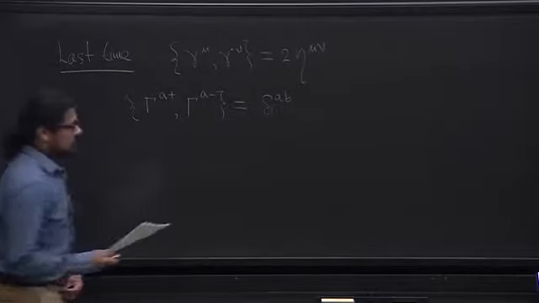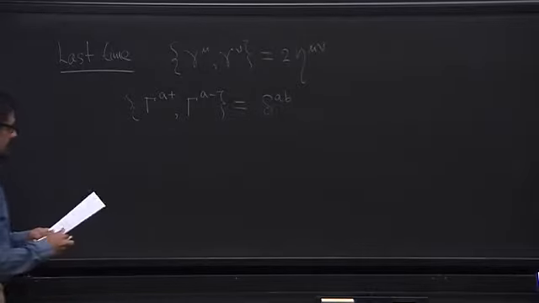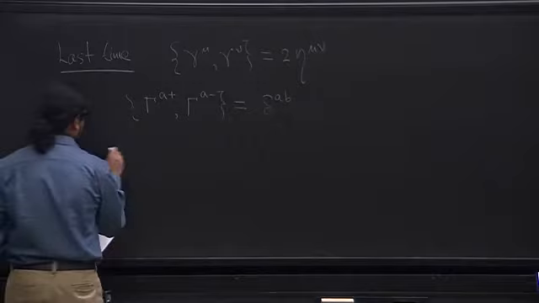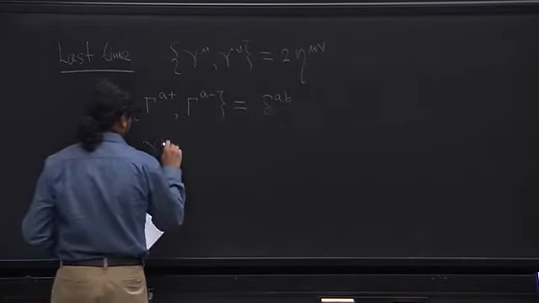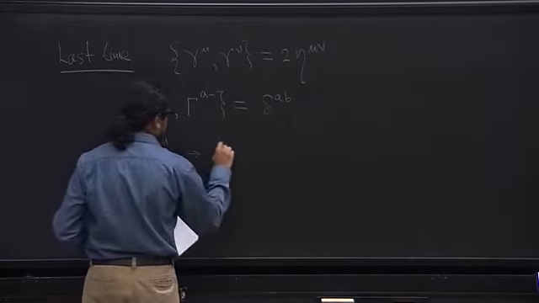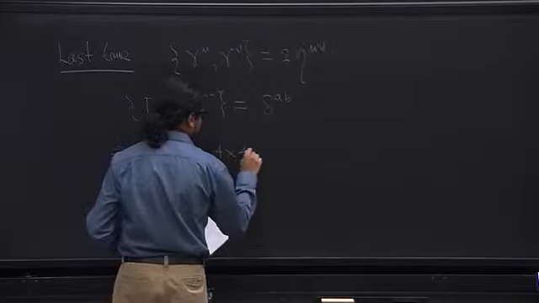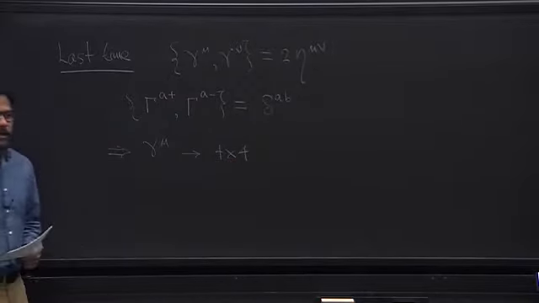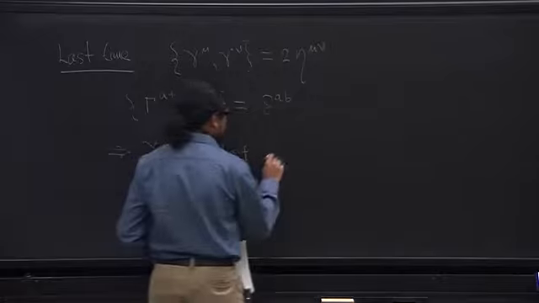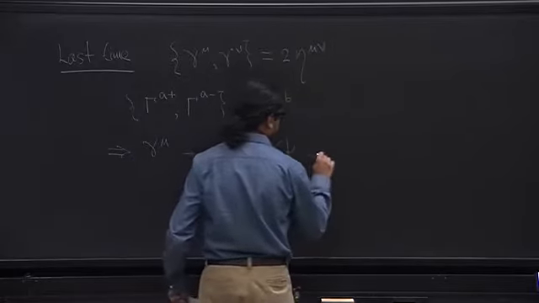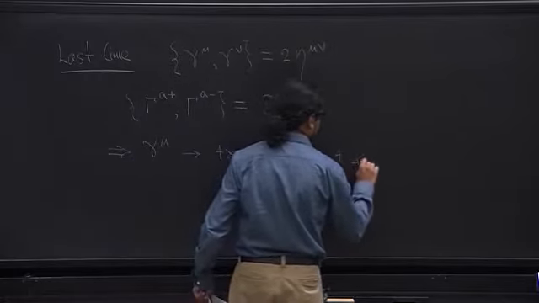Based on a discussion we had earlier in the class, this implied that the gamma matrices are 4 by 4 matrices, not 16, and that the Dirac spinor is a 4-dimensional object.